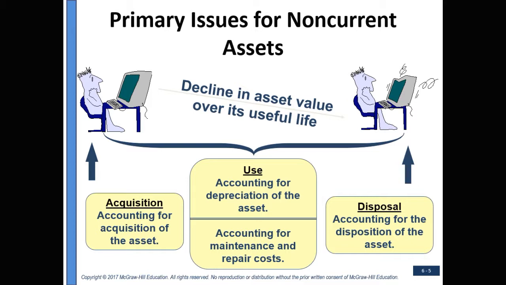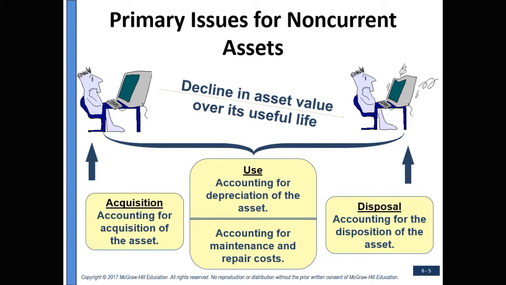So the primary issues that revolve around non-current assets are: we need to account for them at the point of acquisition. We need to account for what we call the depreciation, or the cost allocation of the asset over its useful life. That represents the decline in an asset's useful life.